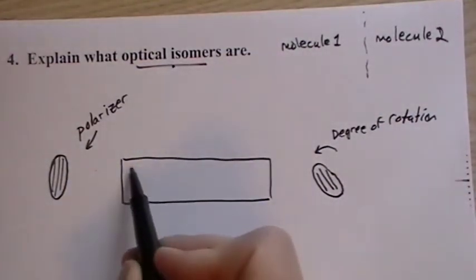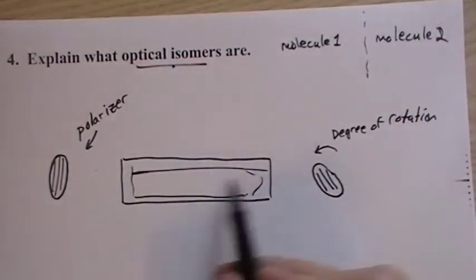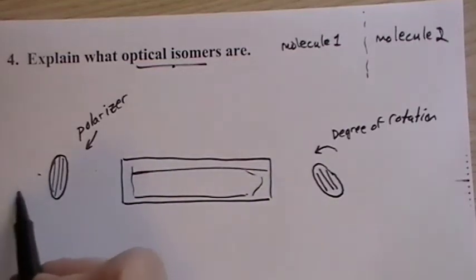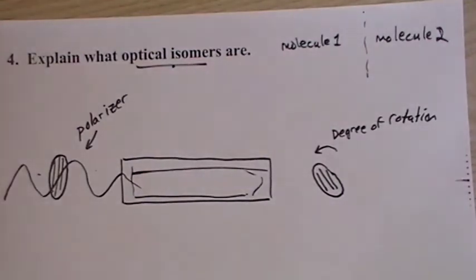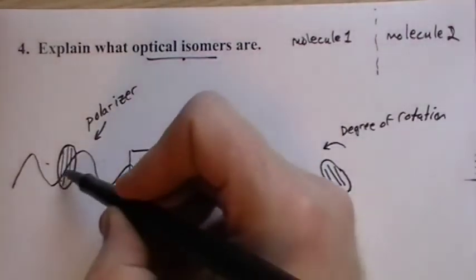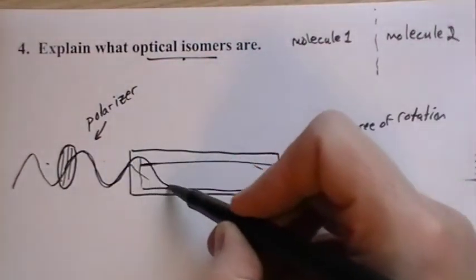If we put one of the species into a solution, and we run plane polarized light through, that is, plane polarized light. When light comes through, say from the sun, it's rotated in all sorts of directions. The waves of light are all oriented differently. We put them through a polarizer, though, and we only get one type of light, one plane polarized light.